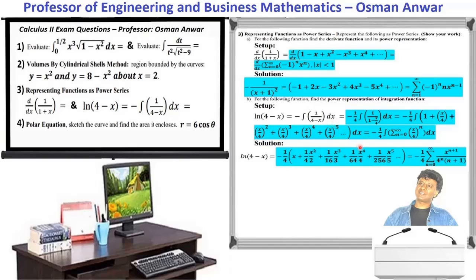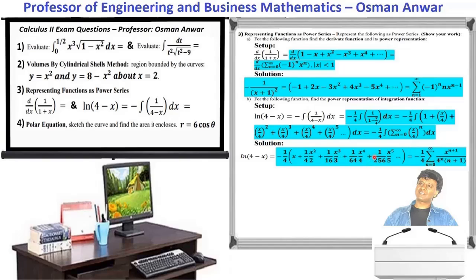When you integrate this, you will end up with minus 1 over 4. The integration of 1 is x, then the integration of this is 1 over 4 times x squared over 2, 1 over 16 times x to the third over 3, plus 1 over 64 times x to the 4 over 4, plus 1 over 256 times x to the 5 over 5. Then this can be written in sum notation, minus 1 over 4.